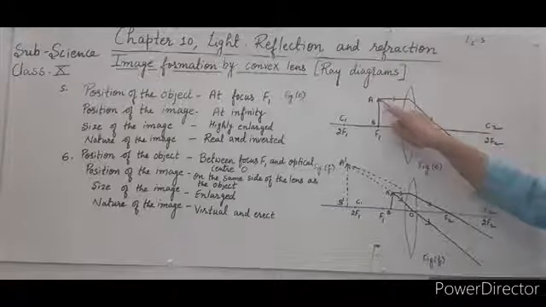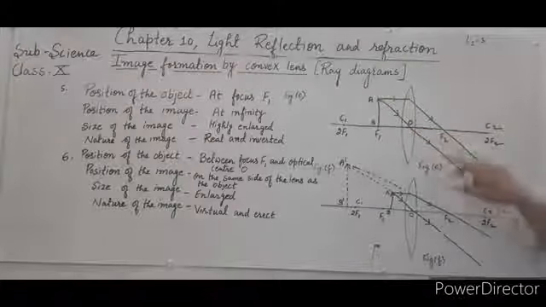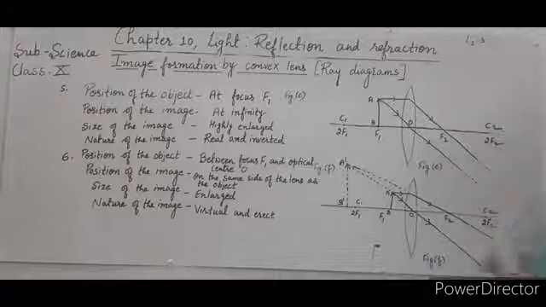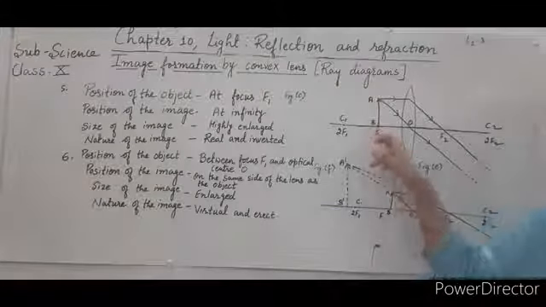The second ray passing through the optical center passes without any deviation. So these rays do not appear to meet. So the image formation will take place at infinite distance. The position of the image is at infinity.